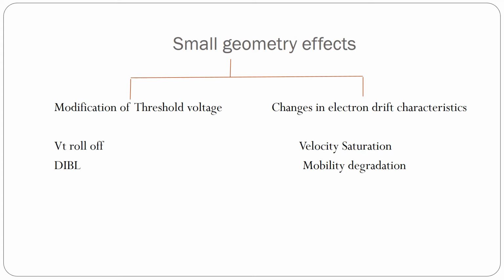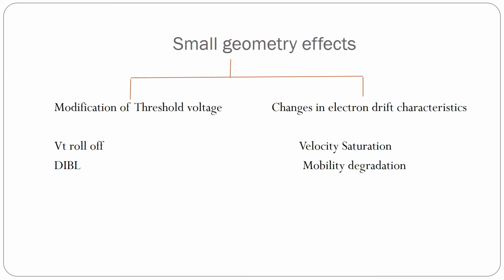Now when the electron drift characteristic is modified, velocity is linearly proportional to applied electric field, and due to that the drift current is also linearly proportional to applied forward bias. But here the velocity will not linearly increase, it saturates after some value.